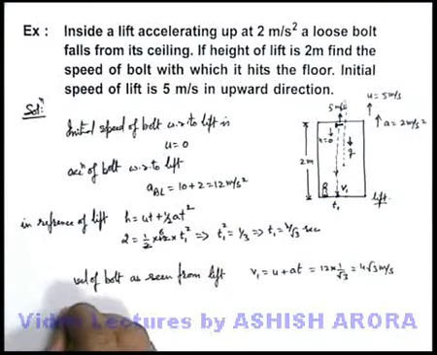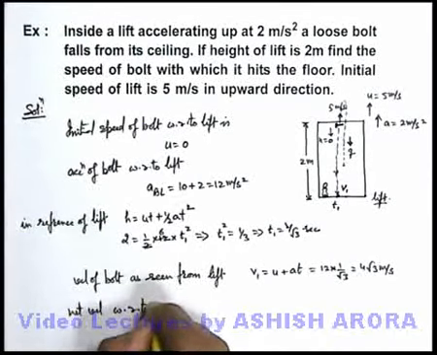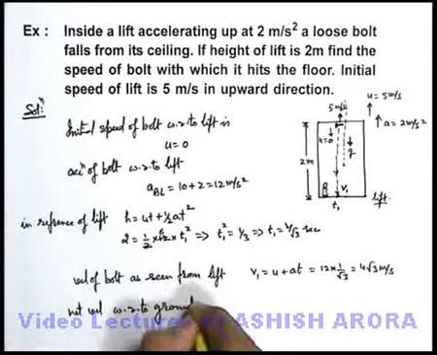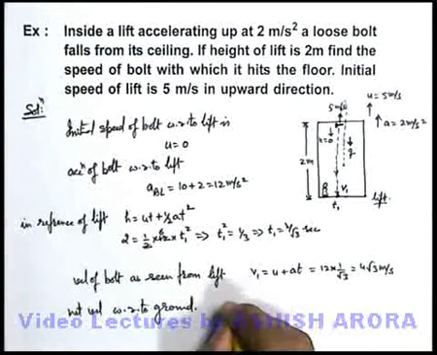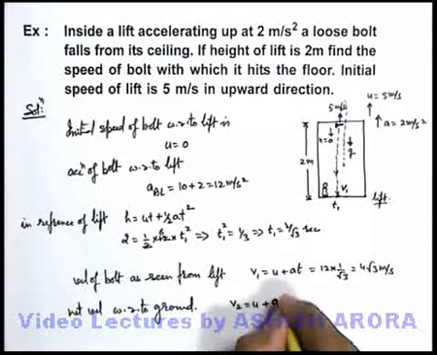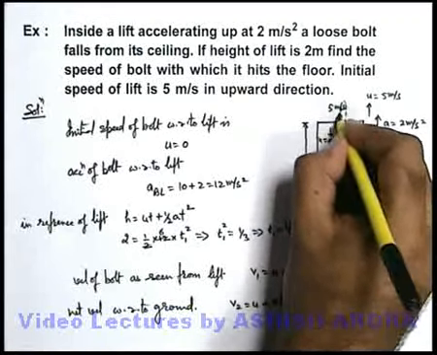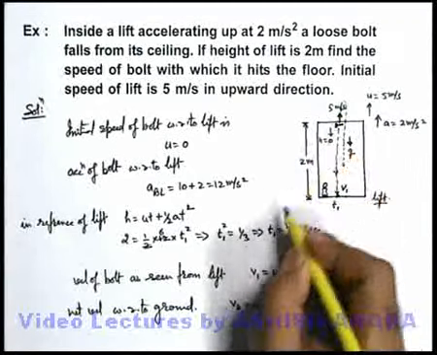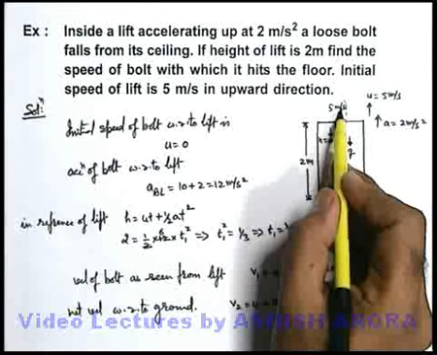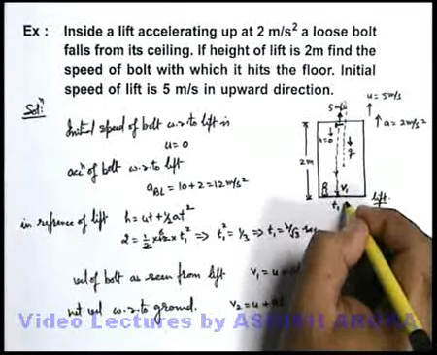If we find the net velocity with respect to the ground with which it is going to hit the floor of the lift, say it is v2, again we use v equals u plus at, but in this situation we take u to be 5 meters per second, because when we observe the bolt from the ground, it appears to be moving up with 5 meters per second and finally hits the floor in the downward direction.